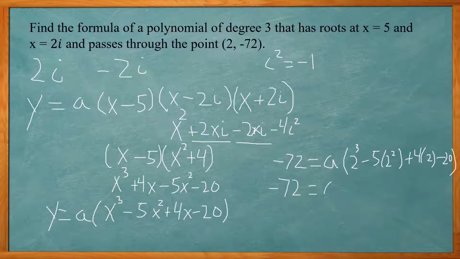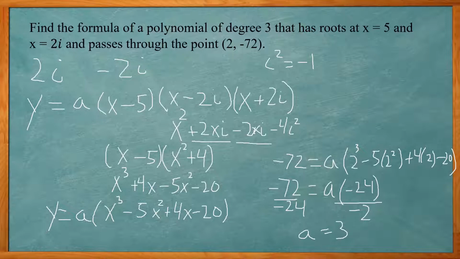Alright, if you do the math there, you end up with -24. And then I need to divide both sides by -24, and you get a is equal to 3.